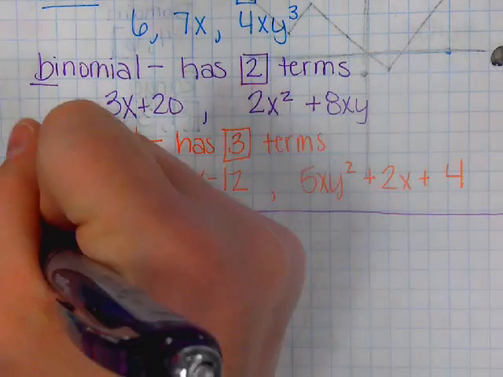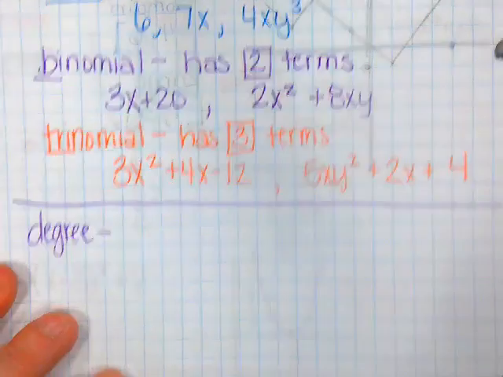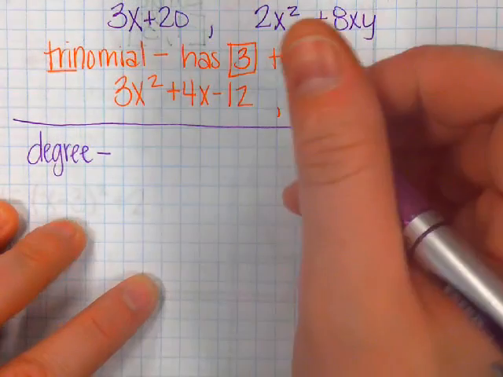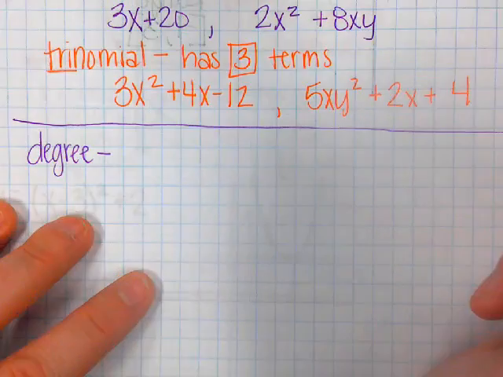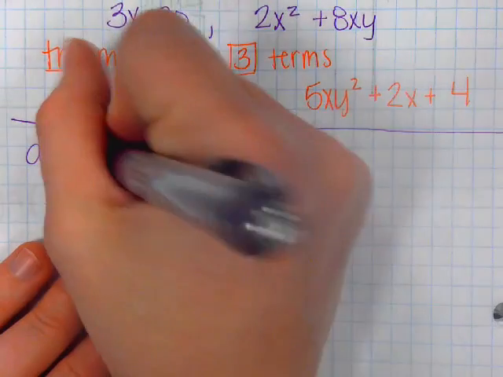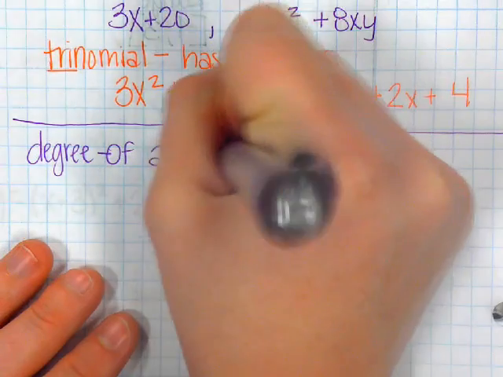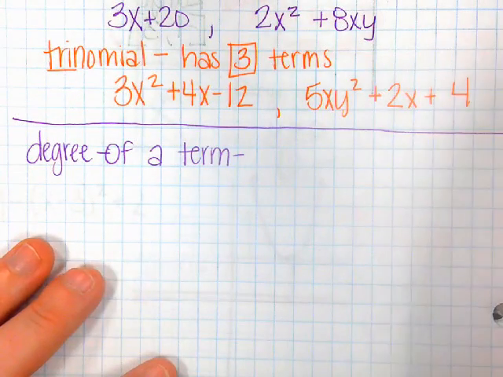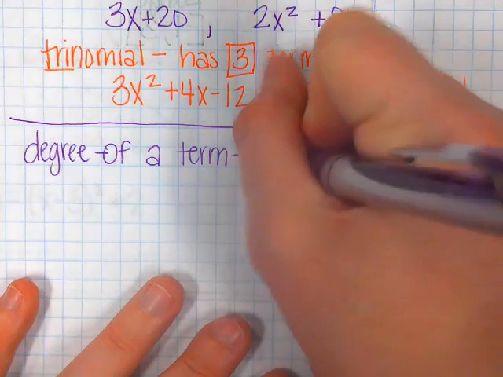The next thing that we talk about is degree of a polynomial. So degree, and we're going to say degree of a single term. So we have to look at the degree of the terms before we can look at the degree of the whole polynomial.